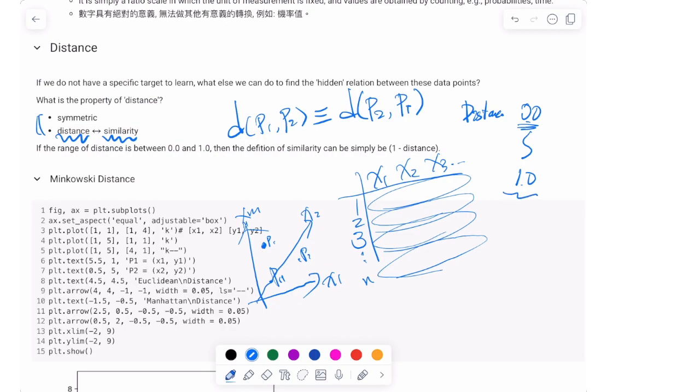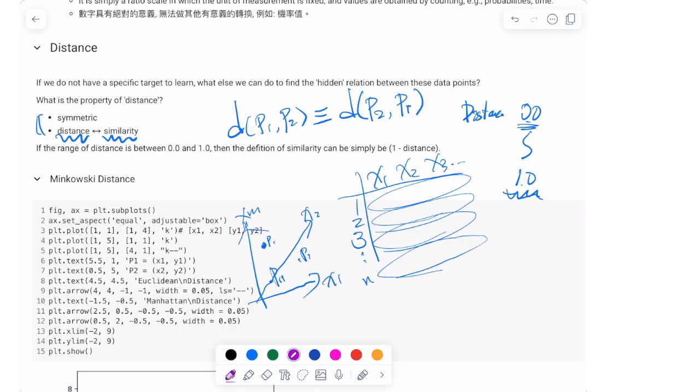A distance of 1.0 means these two data points are not similar, very far away from each other. This works if you can normalize your data to between 0.0 and 1.0.